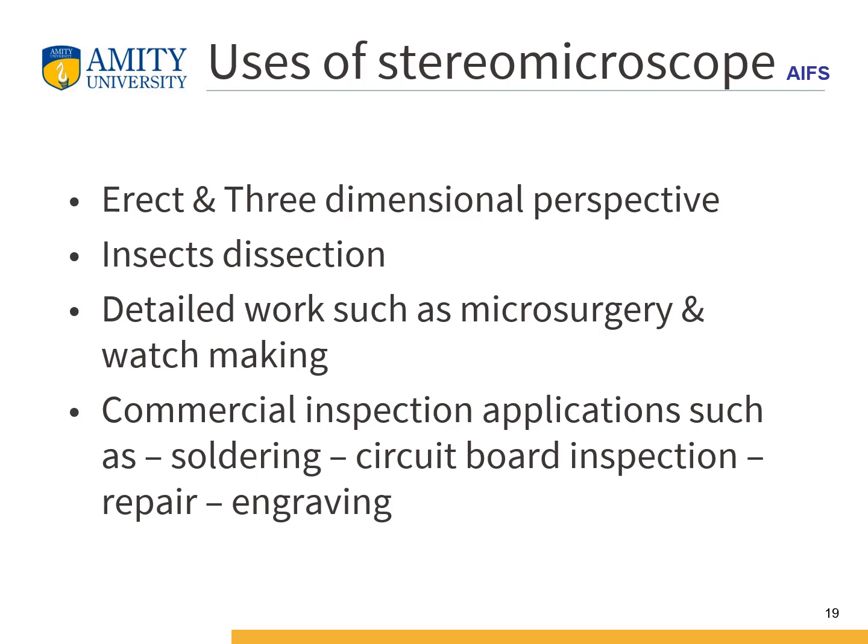Commercial inspection applications such as soldering, circuit board inspection, repair, engraving, and any macro work, wherever less magnification is required, one can go for a stereo microscope. And if a three-dimensional image is required, then also one will go for a stereo microscope. This is all for the stereo microscope.